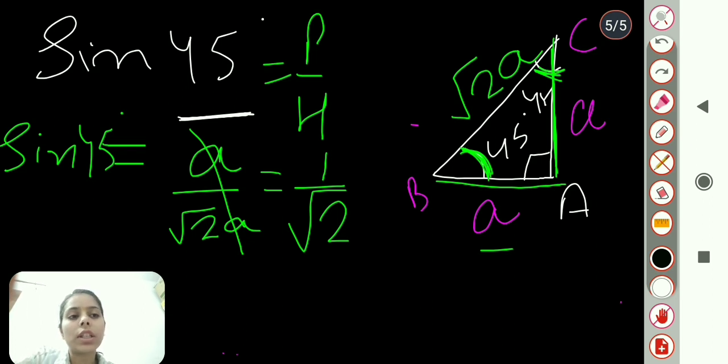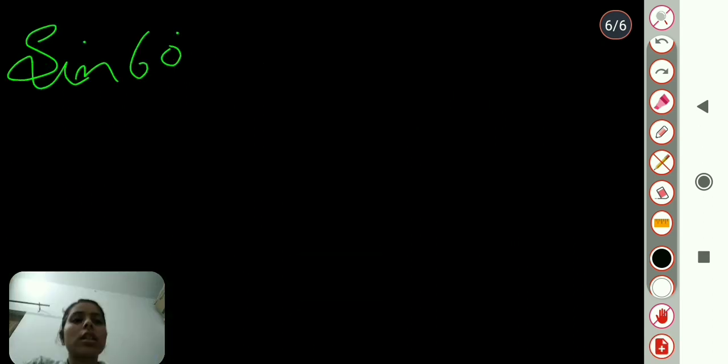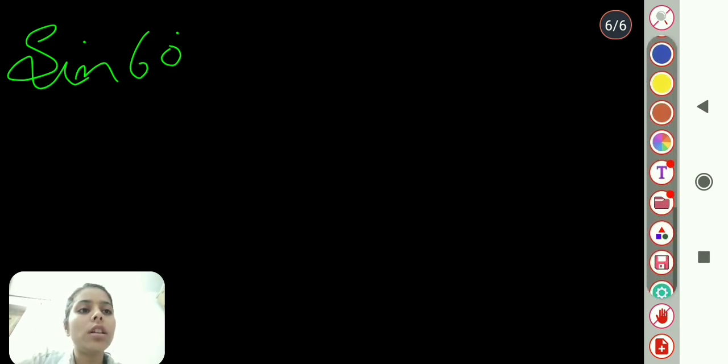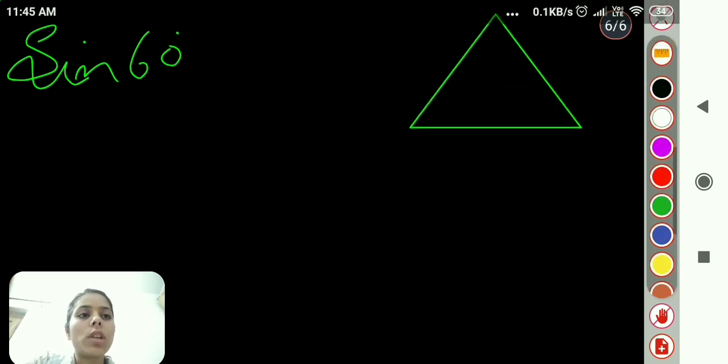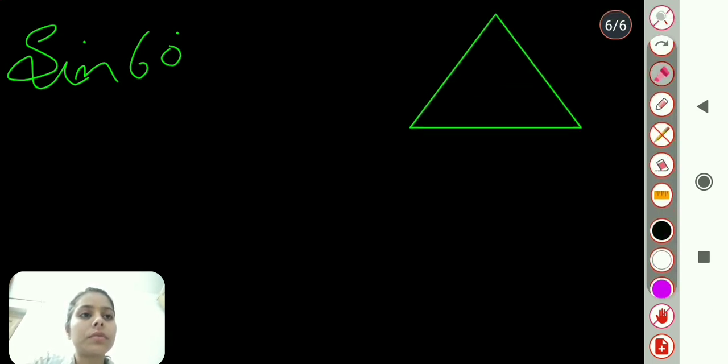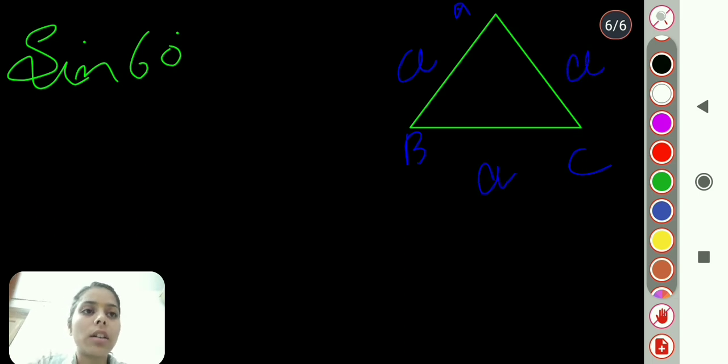So in the same way we will find sine 60 degree. For sine 60 degree I will use an equilateral triangle. This is an equilateral triangle ABC, so the AB side is equal to BC and all sides are equal.